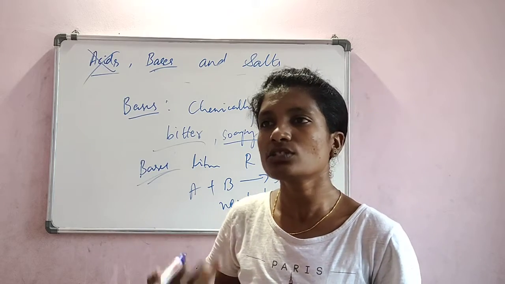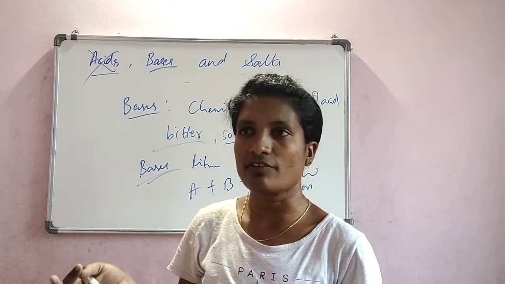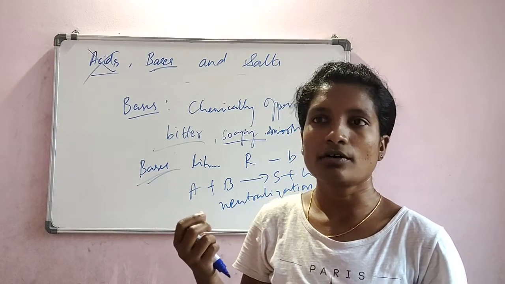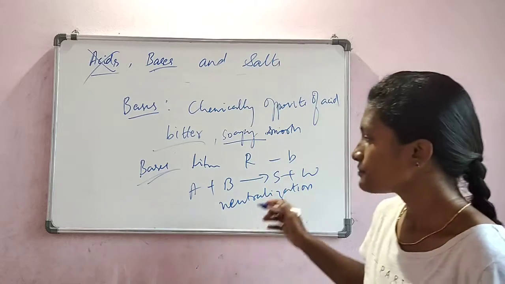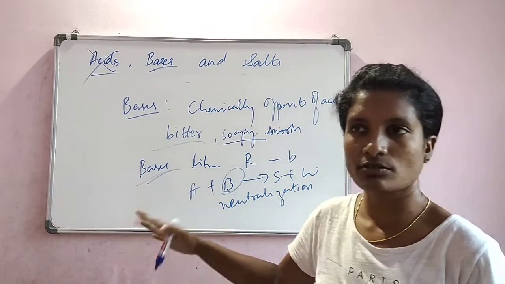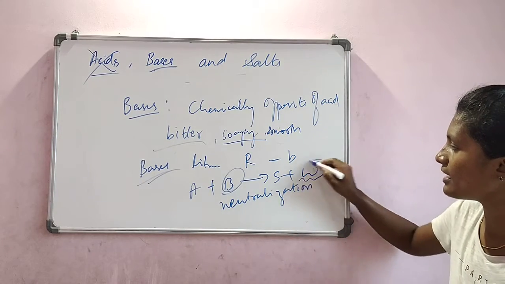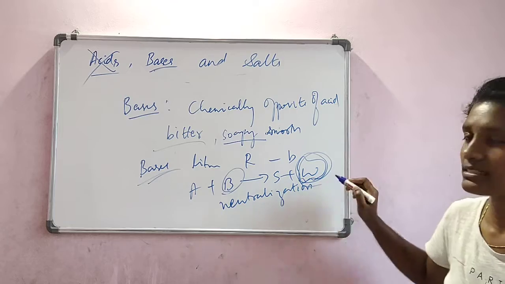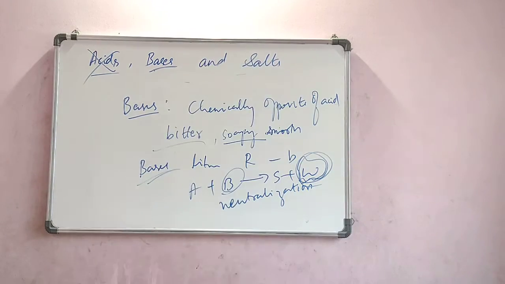It loses its behavior. It cannot be corrosive, or create heat, or be exothermic. Whereas the base, whatever property it has, even that is lost when it comes in contact with acid. Hence we see a neutral product, that is water here. This is called a neutralization reaction.